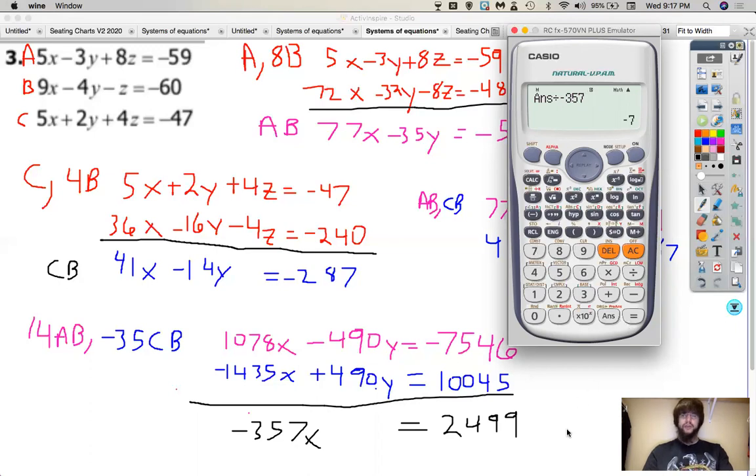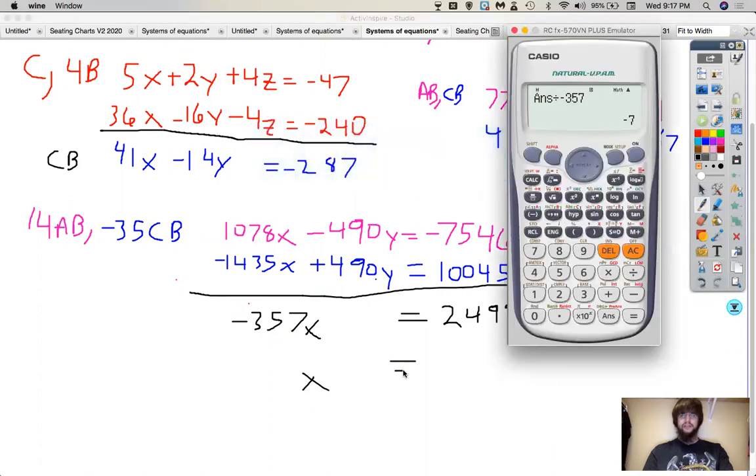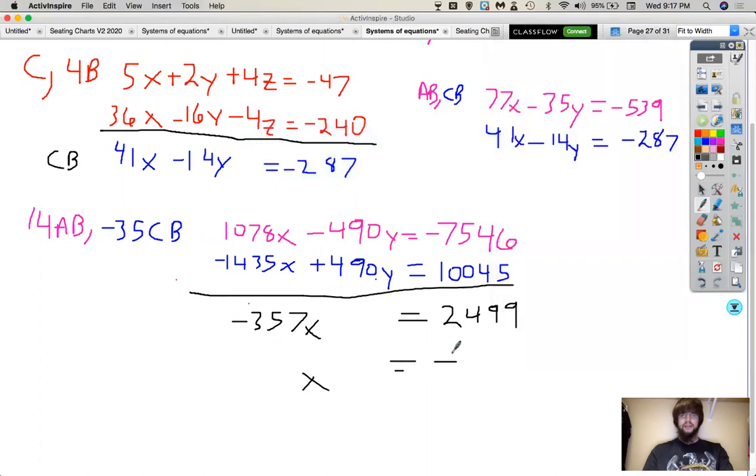Negative 7. We're good. That doesn't guarantee we're right or wrong either way, but for this class, I'm gonna make all of our answers nice and neat integers. Well, no, not necessarily. On the test, I will. I'll make sure I have a coefficient 1 on the test. Homework problems, no guarantees. On the test, it's gonna be nice.